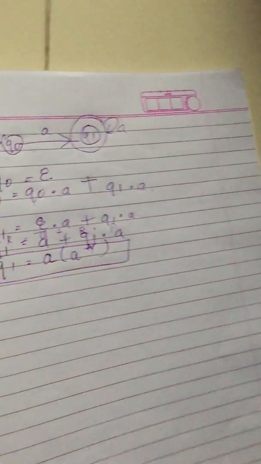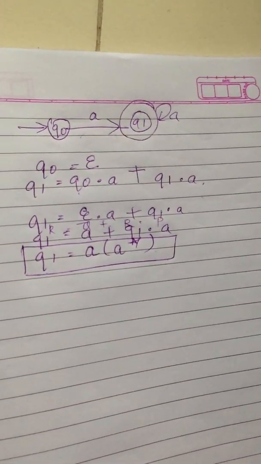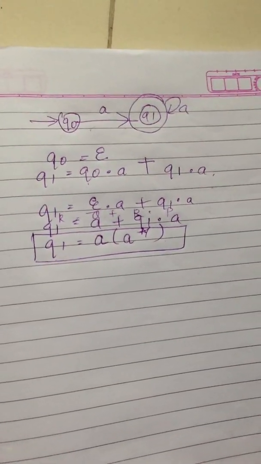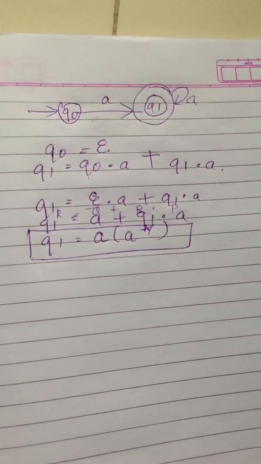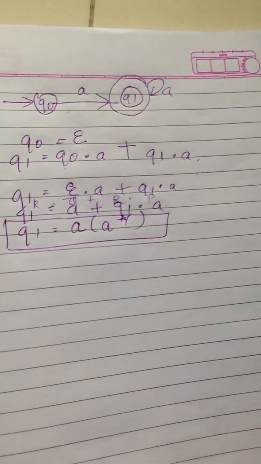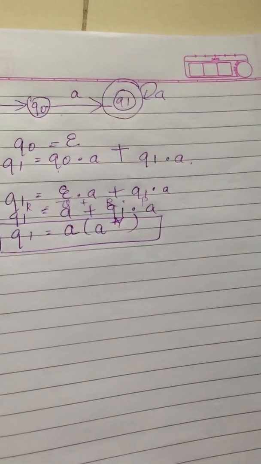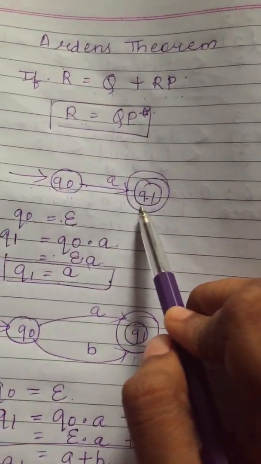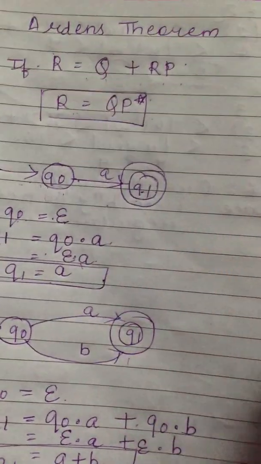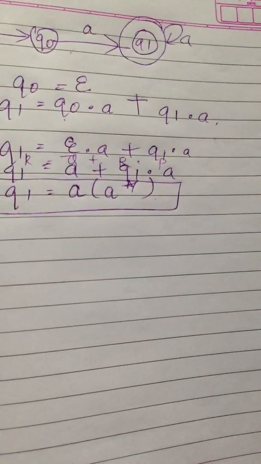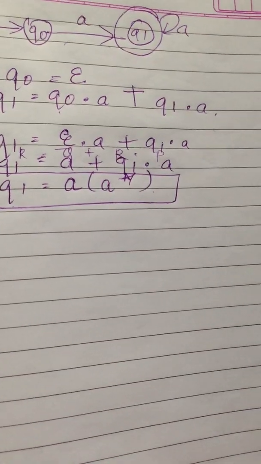We got the RE. So this is all about Arden's theorem, which is used when we have been given a state transition diagram and we have been told to find the RE. In that case we need Arden's theorem for some of the REs. Like in the earlier examples we don't need Arden's theorem because there was no need. But if there is a need, we need to use Arden's theorem.